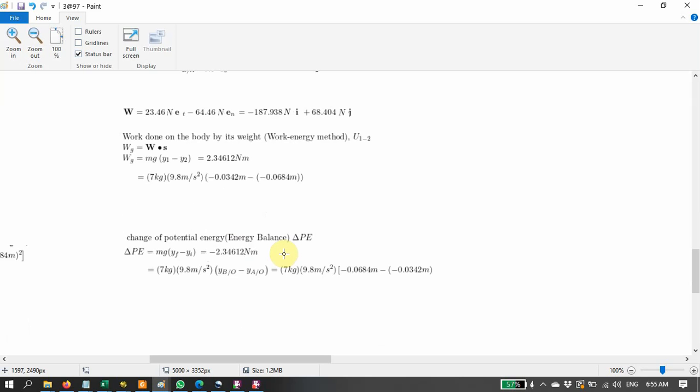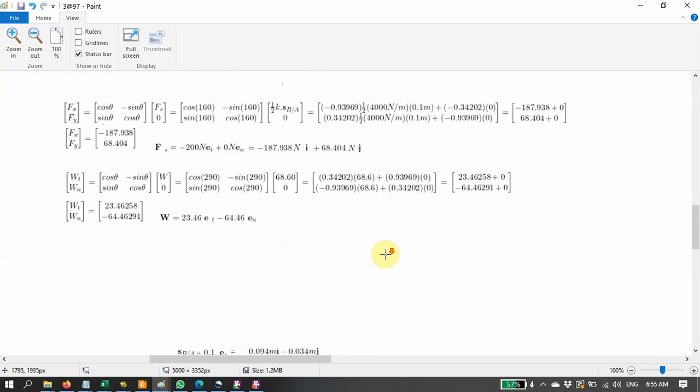And if you are using energy balance, we are looking at the change of potential energy, from high altitude to low altitude. We find that the value is similar to the work done on the body by its weight, so negative 2.3. This one is the final position, and this is the initial position.